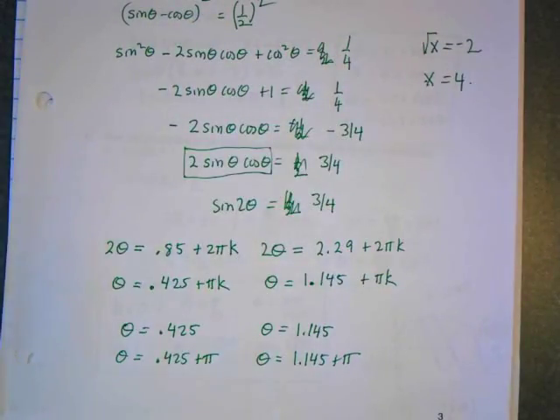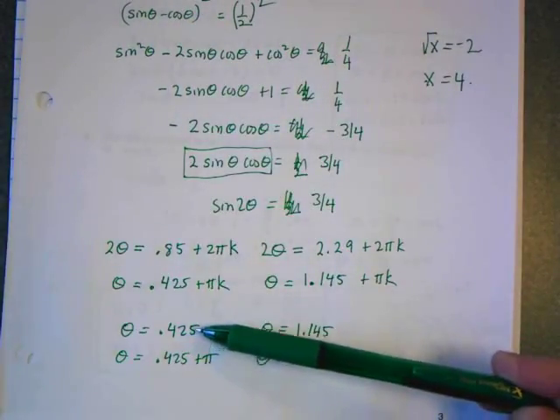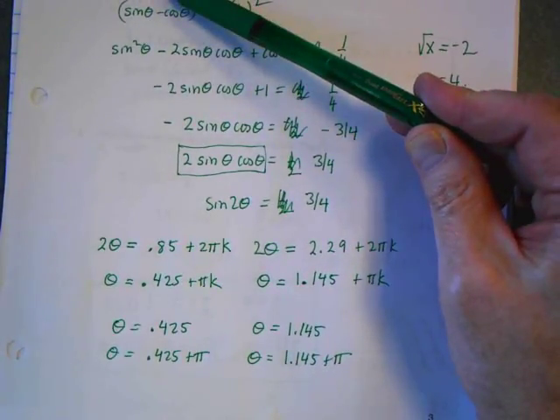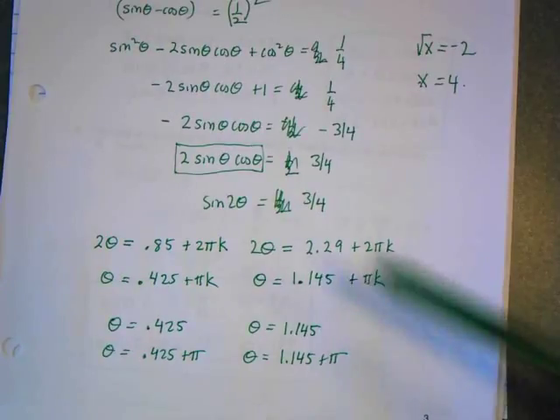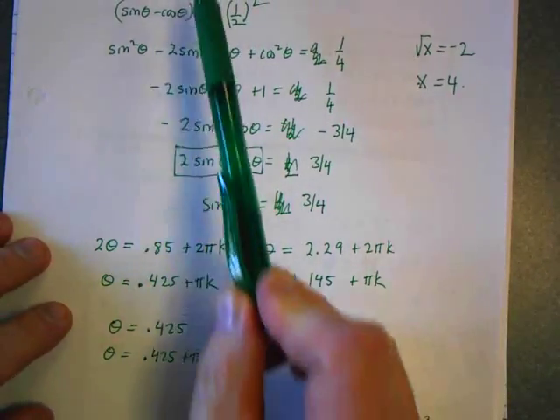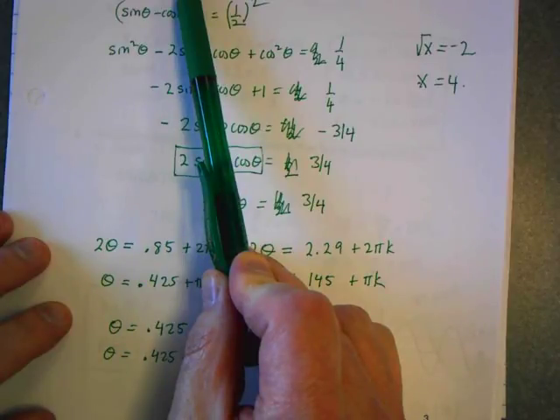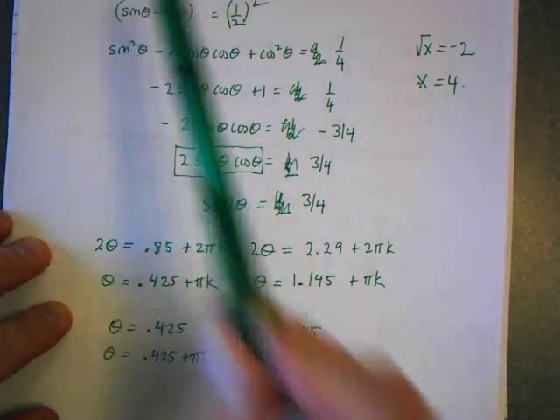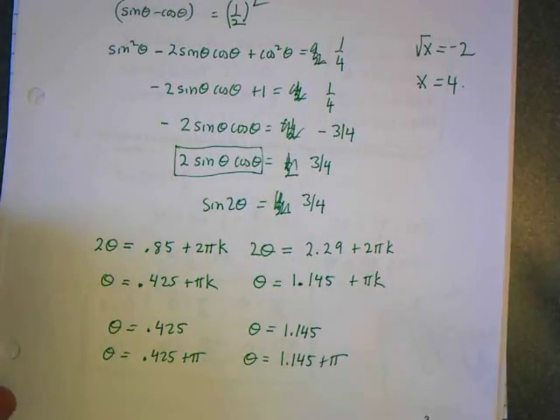So you would actually need to physically take 0.425 and plug it back in and see if it works. And then 1.145 and see if they work. Now, we did round off a little bit, so you're not going to get exactly 1/2, but it should come out really, really close to 1/2. So what happens when you plug in 0.425? You get a negative, so 0.425 doesn't work.